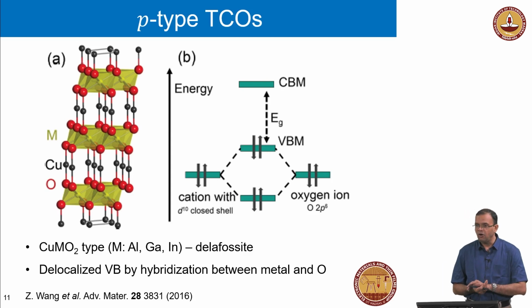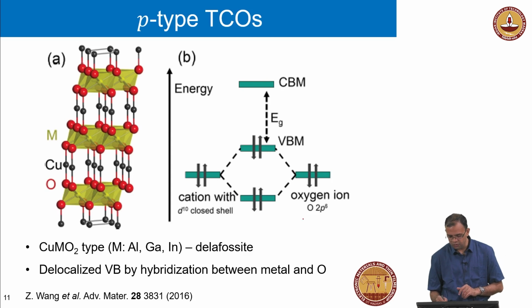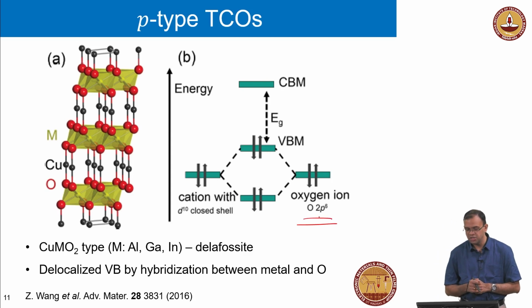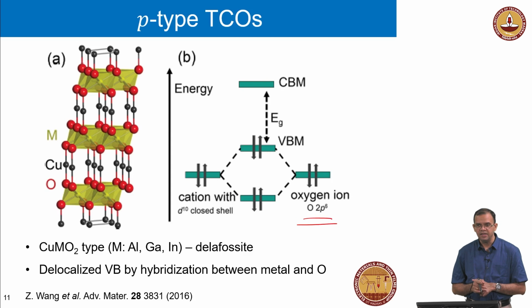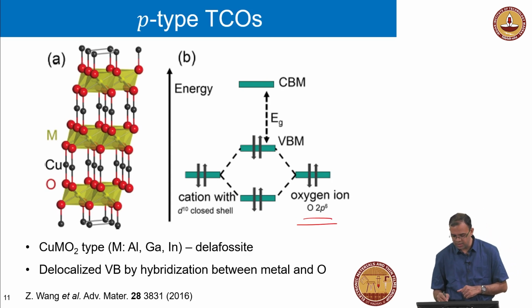For normally oxide materials, the valence band is made up of the filled oxygen 2p levels, and these are usually localized in nature.